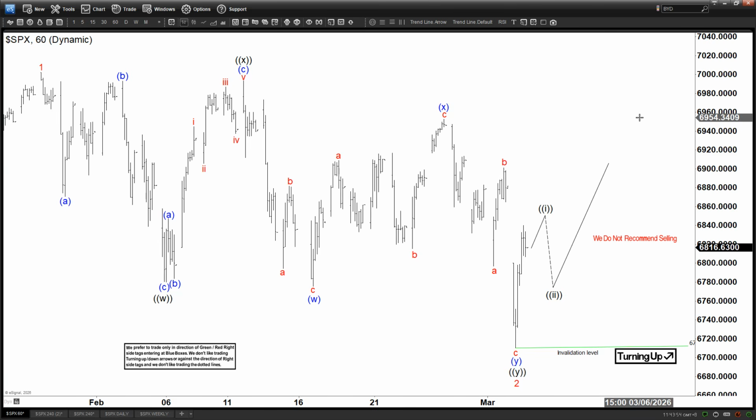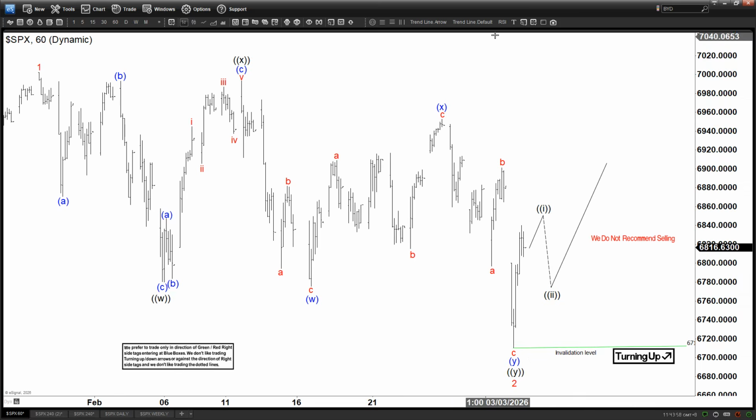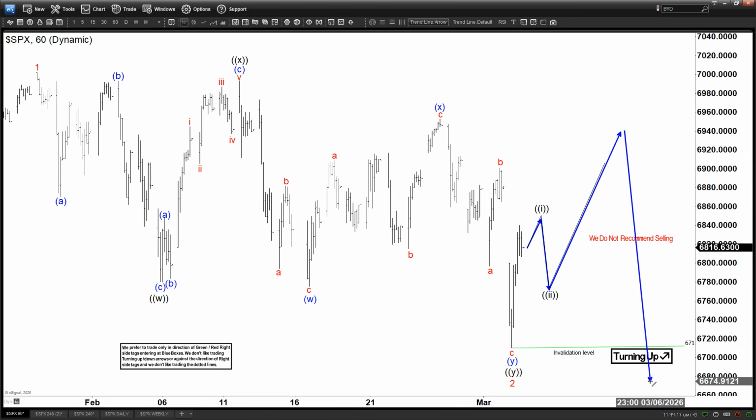And so now the minimum expectation, because this is corrective, is either we go to a new high or we rally in 3 waves. So if we go by minimum expectation, then we could potentially see minimally a 3 waves rally like this. And then if it is not bullish, we can fail and go down again. Okay, so minimal is a 3 waves rally.